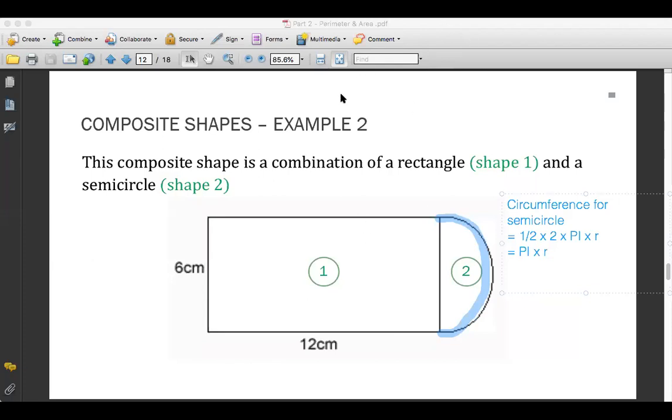Okay, how do you find the radius of this semicircle? Do you know where to look? This arrow here that I've just drawn, is this the radius or the diameter? Does it look like half of the circle length?